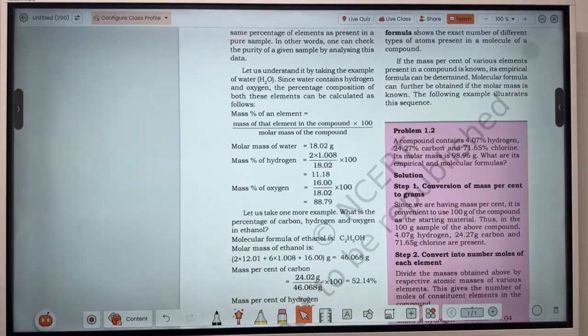Empirical formula is the formula which represents the ratio of the atoms of different elements present in a molecule of the compound.